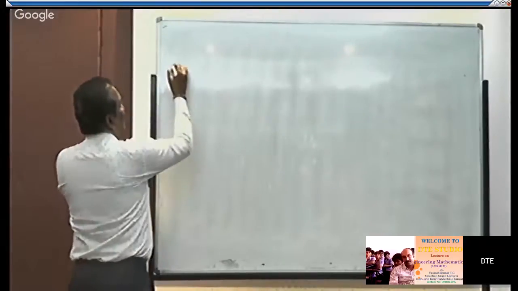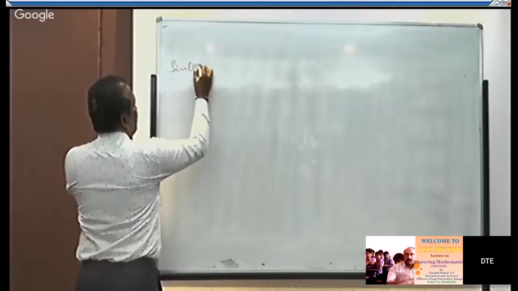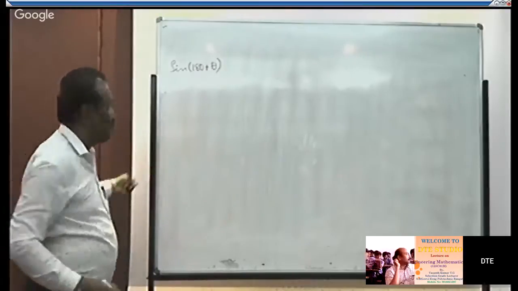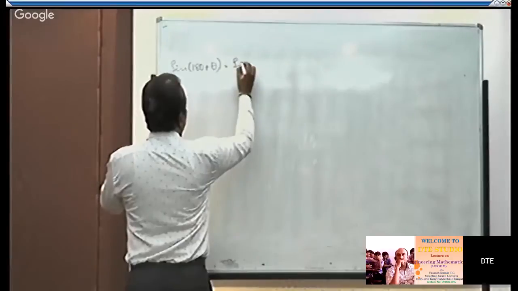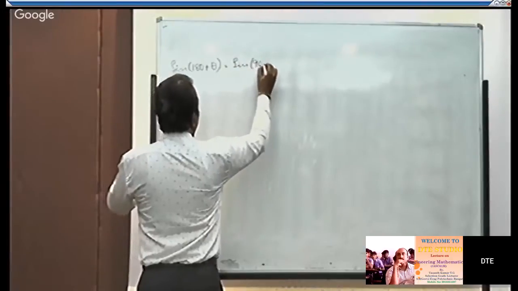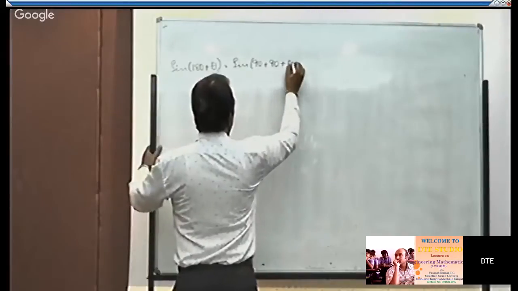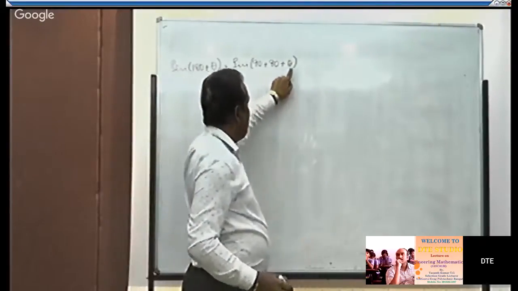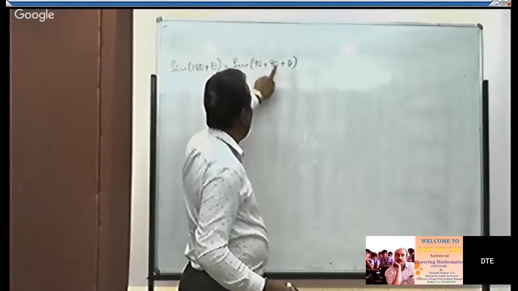As in the previous class, here also the procedure is the same. The difference is there it is 180 minus theta, here it is 180 plus theta. In the previous case we split 180 as 90 plus 90 and wrote the rest, plus theta, as it is. Again consider 90 plus theta as theta, then it is sine of 90 plus theta.